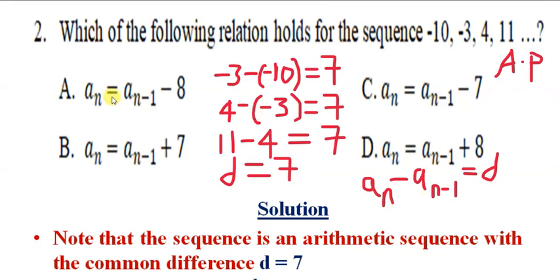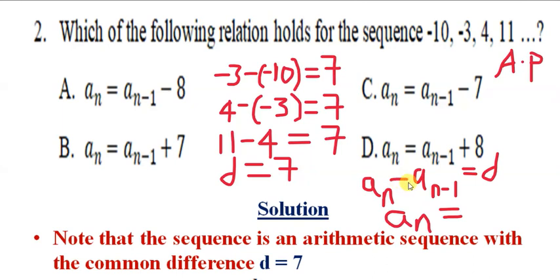Since each of the relations given here is given in terms of An and An minus 1, it is directly similar to this one, and therefore here we solve for An. What is An? An is equal to, move An minus 1 to the right, please.